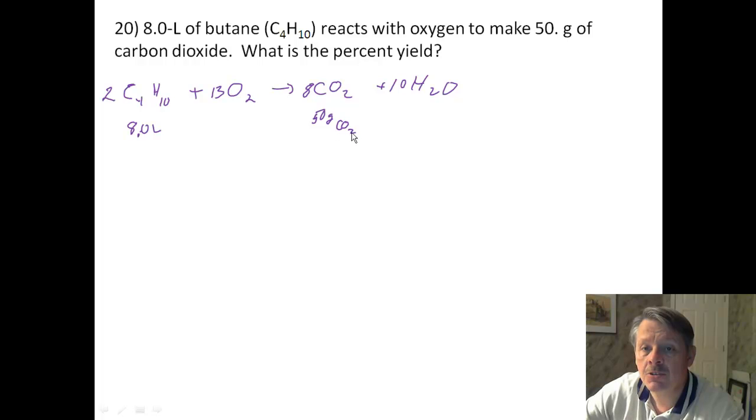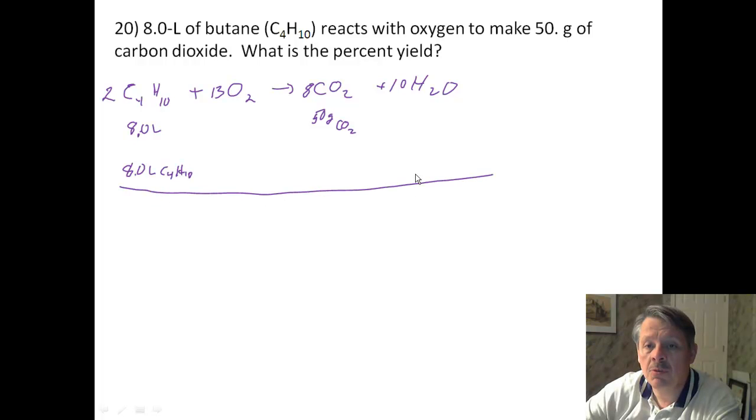Interesting. That tells me what I'm looking for is my percent yield. So I start with 8.0 liters of butane, C4H10, and I'm going to have to go from liters of butane to grams of carbon dioxide.